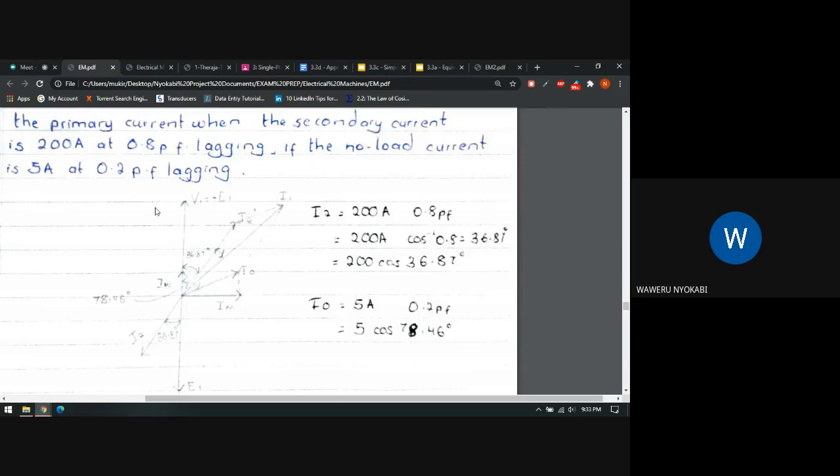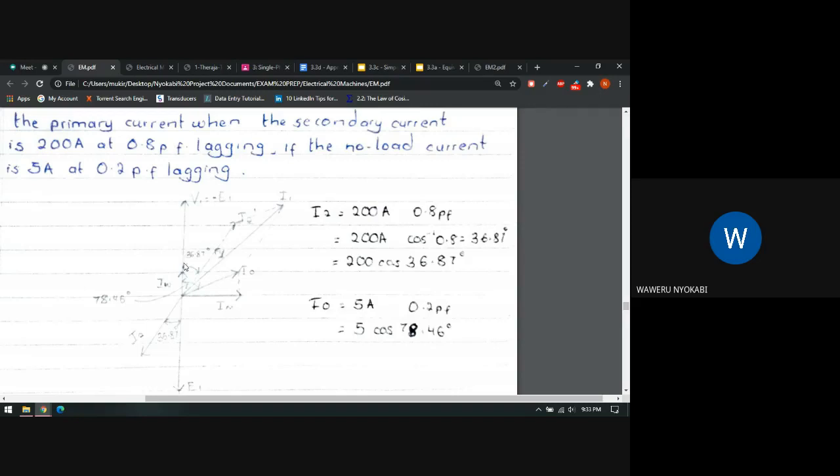Then we were told that the no load current is 0.2 power factor lagging. So if you get the angle, which is 78.46 degrees, it's the angle at which I naught, the no load current, is lagging I1. So it's this whole angle here.